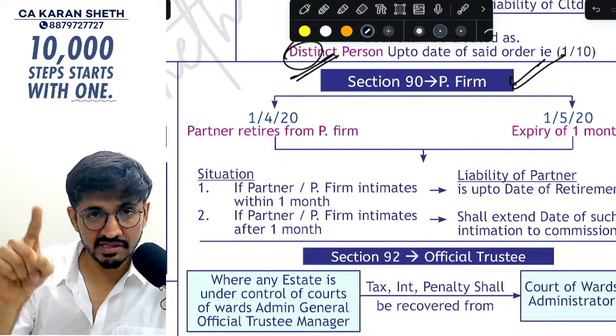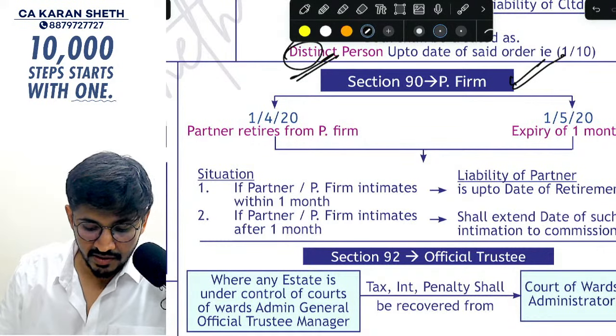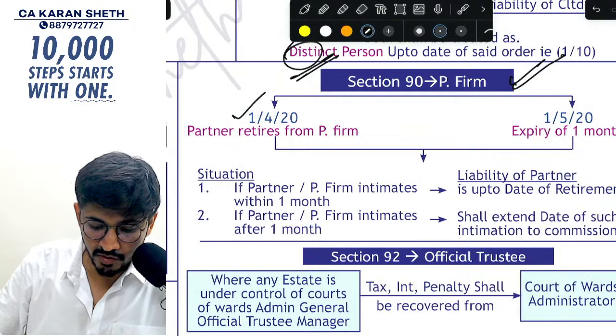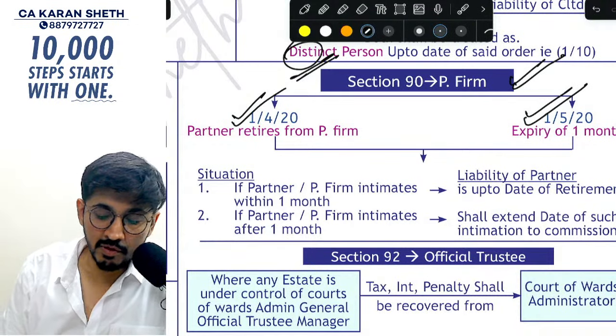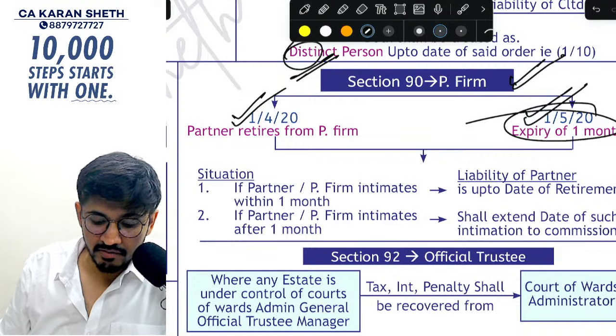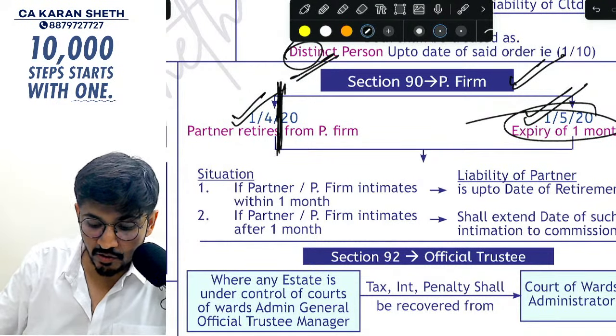Either the firm does it or the partner does it, right? So if, let's say, he retires on 1/4, you need to inform by 1/5, because if you inform by 1/5, the partner who retires, his liability will now be restricted only up to 1/4.